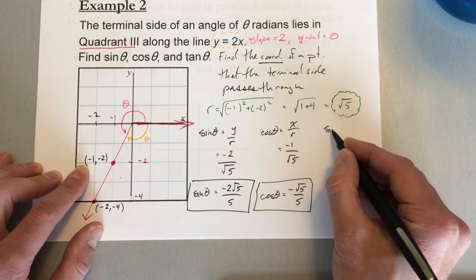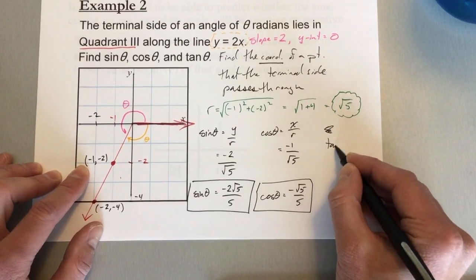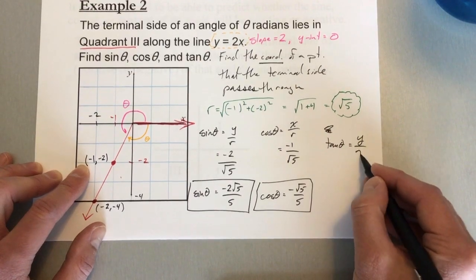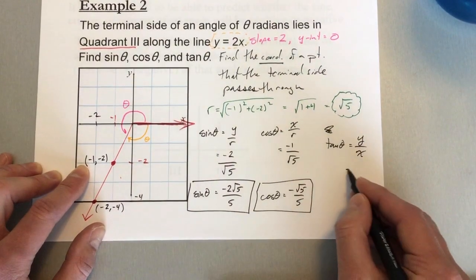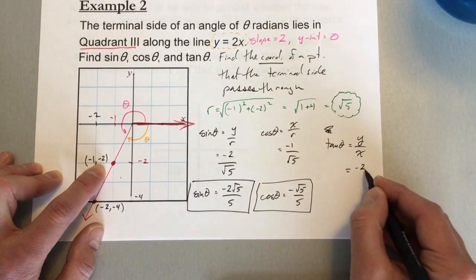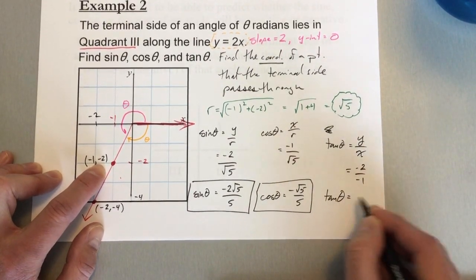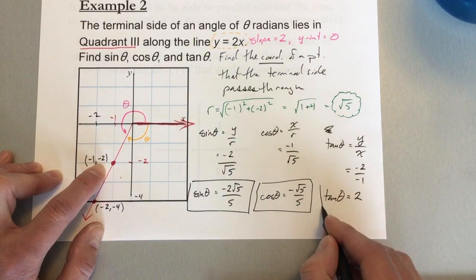Will we have a tangent ratio that is positive or negative? Well, the coordinate definition for tangent is y over x. In this case, that would be -2 over -1. Therefore, the tangent reduces to +2.